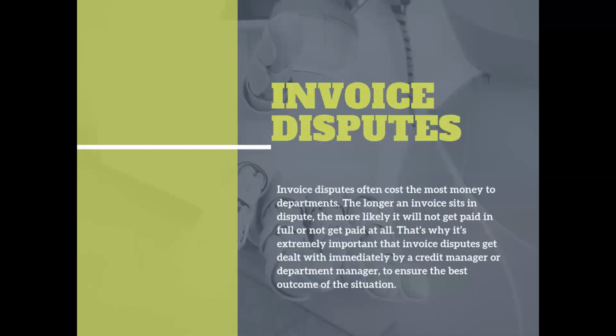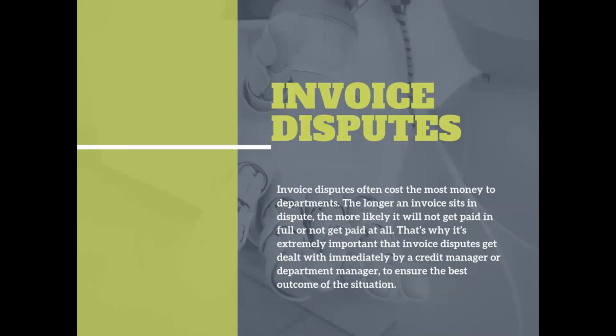Another area that it comes into play and is very helpful with is invoice disputes. One thing that we've found in our time spent in the accounts receivable industry is that a lot of the times invoice disputes can cost the most money in a department, because the longer an invoice sits disputed, the more likely you won't get paid on it. So with robotic process automation, it can trigger workflows to automatically escalate an account as soon as it goes into dispute.